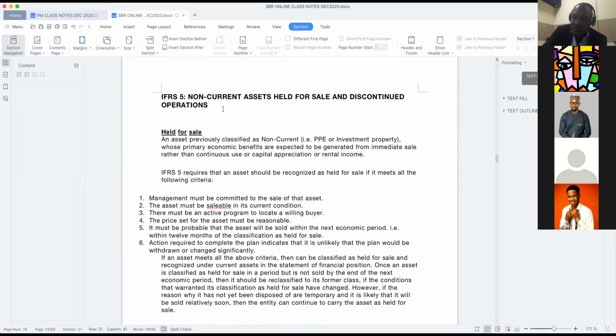So IFRS 5, an interesting standard: non-current assets held for sale and discontinued operations.